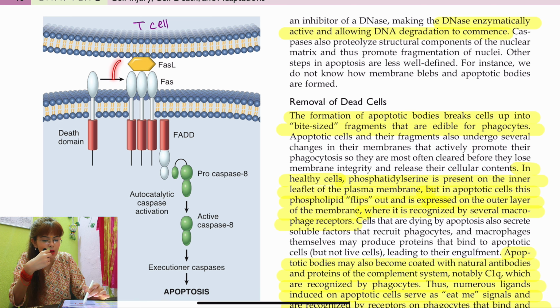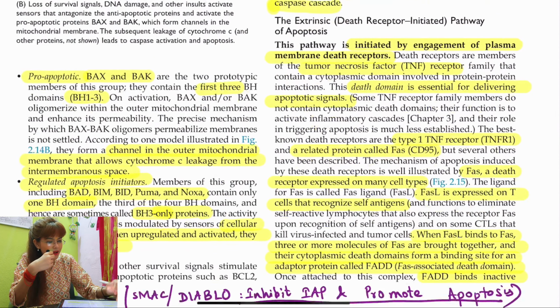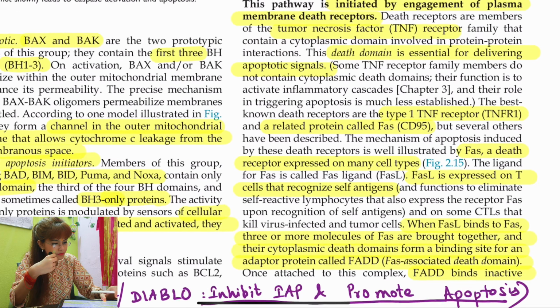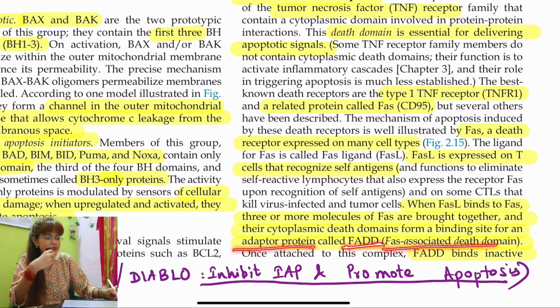Once they combine with each other, they will again interact and bind with another molecule known as FADD. So what is FADD? When the FAS ligand binds with FAS, then 3 or more molecules of FAS come together to form a complex unit, and then it will again bind another adapter protein called FADD, which is the FAS associated death domain.